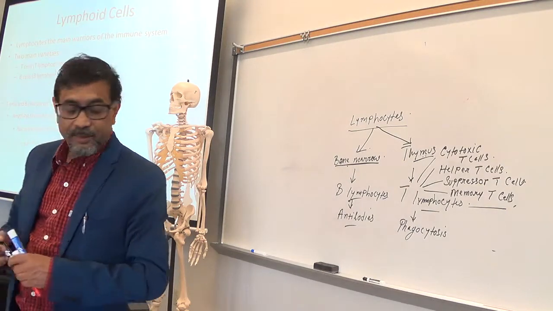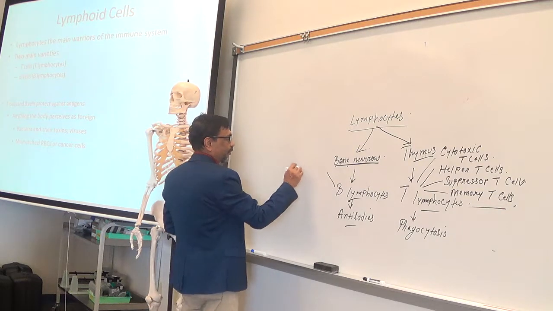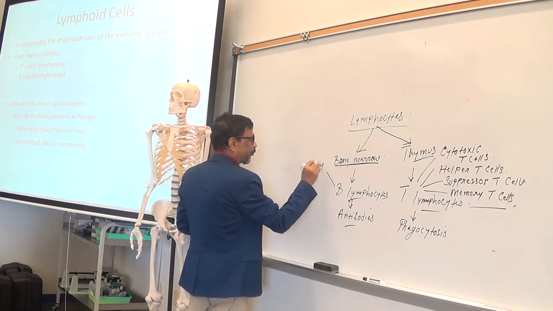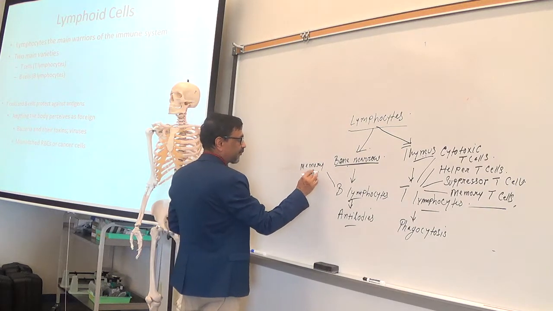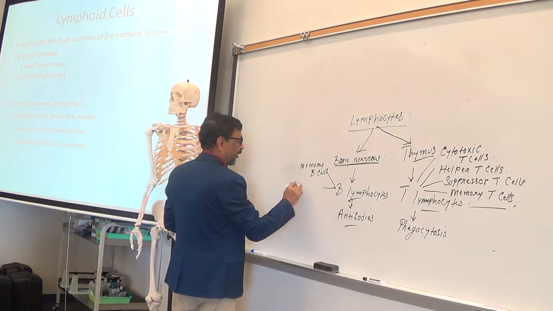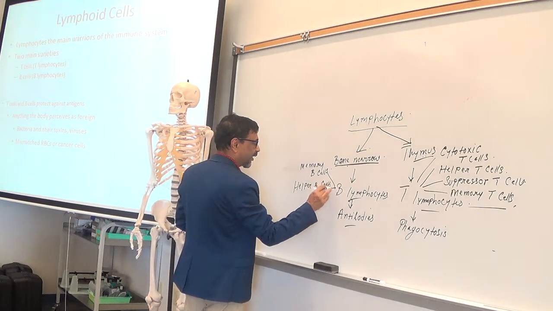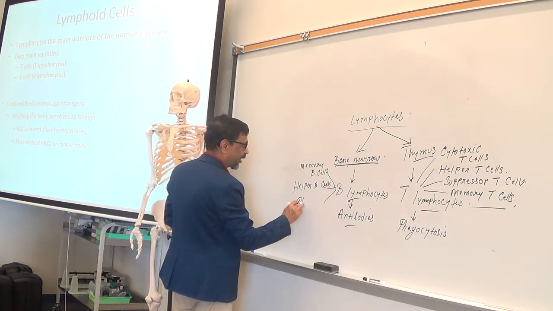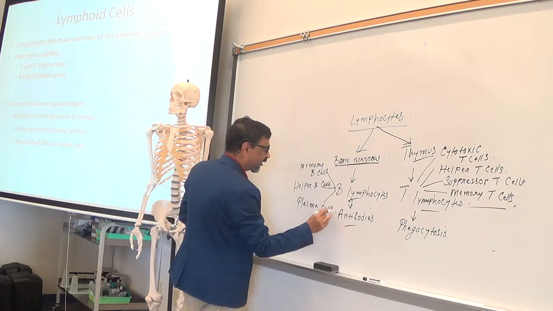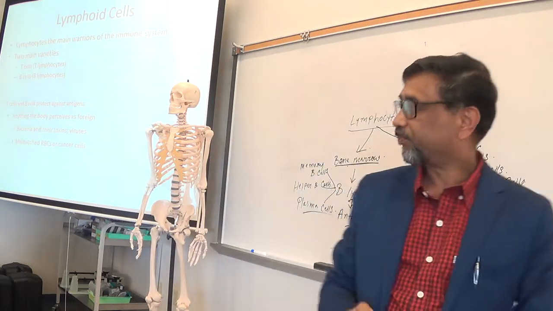Okay? B lymphocytes could be memory B cells, helper B cells, and plasma cells. Okay? So those are different types of B cells.